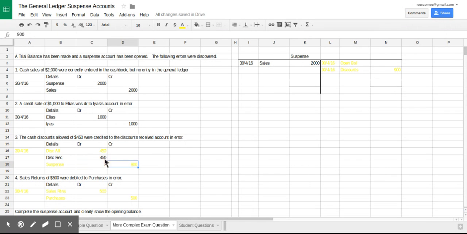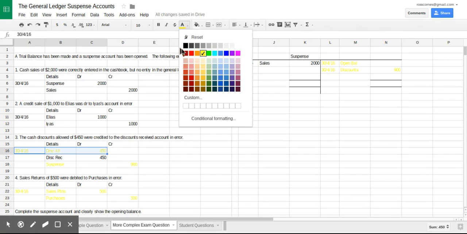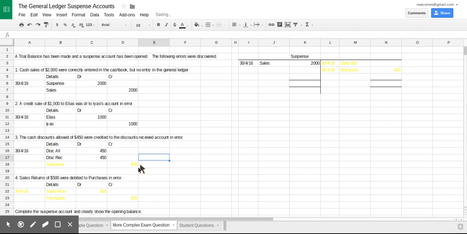And what we should have done is actually debited the discount allowed account, because that's an expense, and therefore there should have been a debit entry in there. Now, both those entries are on the debit side, and therefore the suspense account entry is going to have to go on the credit side.